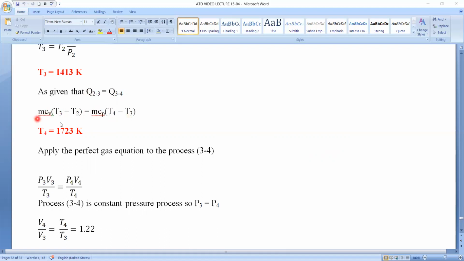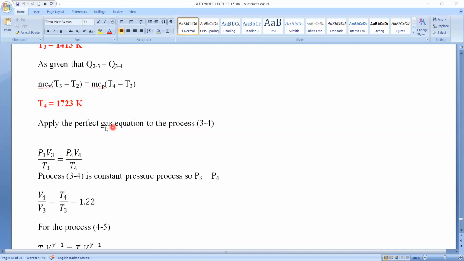So m will get cancelled. CV for air is 0.718. CP for air is 1.005. You know the values of T2 and T3. Substitute in this equation and get the value of T4. The expected value for T4 is 1723 kelvins.